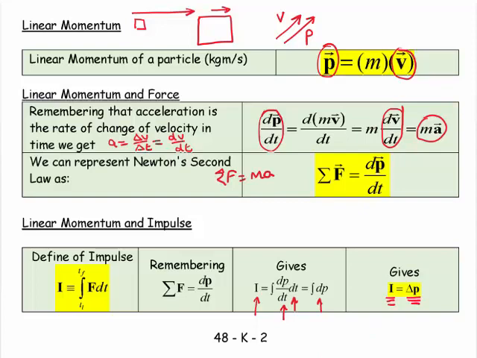And there's an issue. If impulse is equal to change in momentum and the sum of the forces equals dP by dt, these are sufficiently new ideas and they involve similar symbols or similar parameters, it's very easy to get them confused.